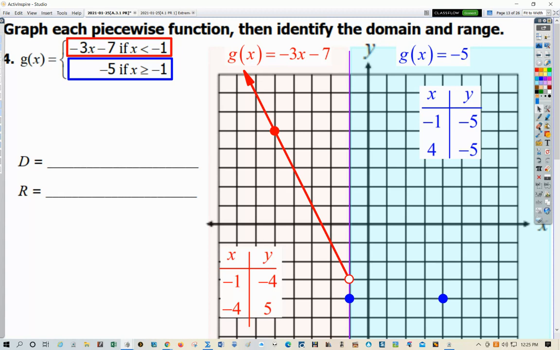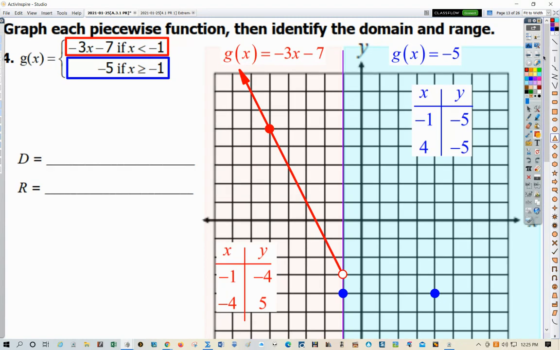And now I can just make my horizontal line. There it is. Goes forever to the right. So I better put an endpoint on that.